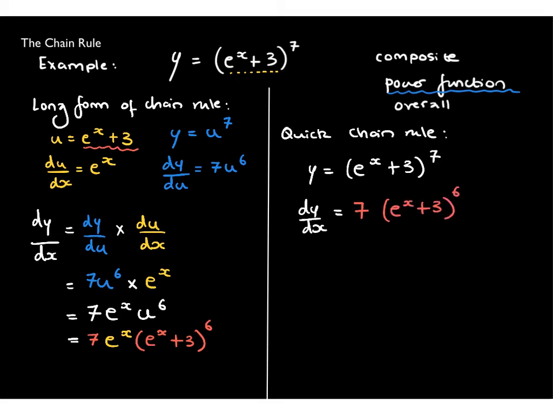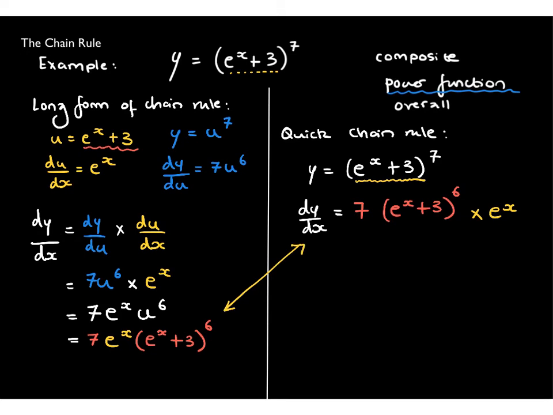So that's where the 7 brackets e to the x plus 3 all to the power of 6 comes from. But we then multiply by the derivative of the innermost function, which in this case is e to the x. Now look at this. That's exactly the same as the answer that we have here.